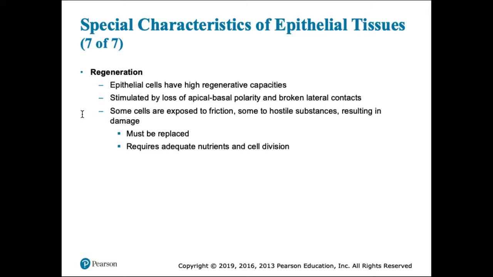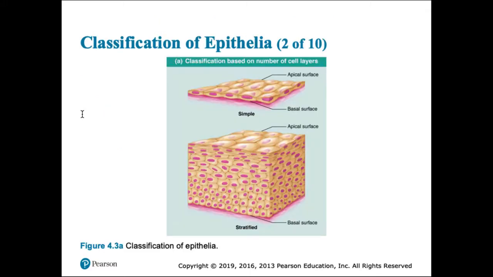But to do that, you need adequate nutrients and a good process of cell division. Epithelial tissues are really good at regenerating. You can see that even when you cut your skin, how quickly it can heal. Burn victims sometimes need a skin graft to get it going again, but a lot of times with a normal burn, your skin will just regenerate over time.